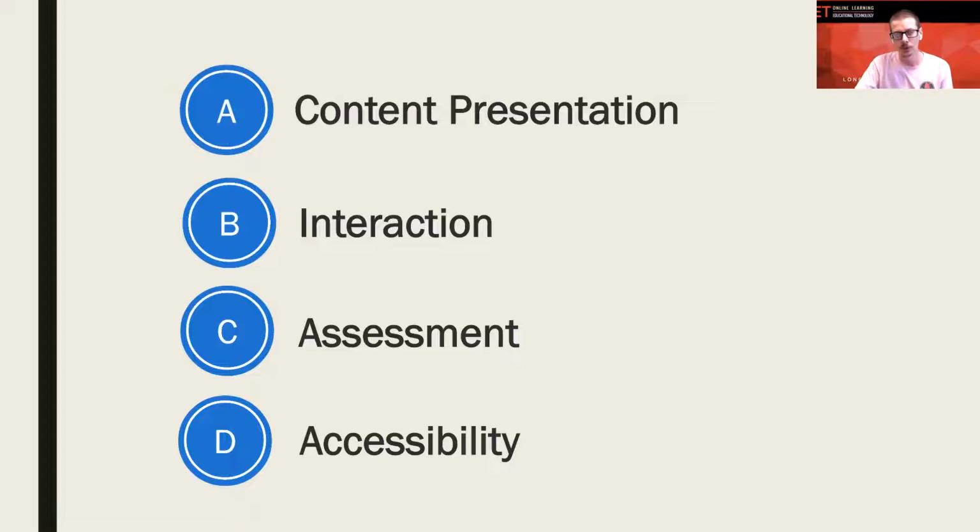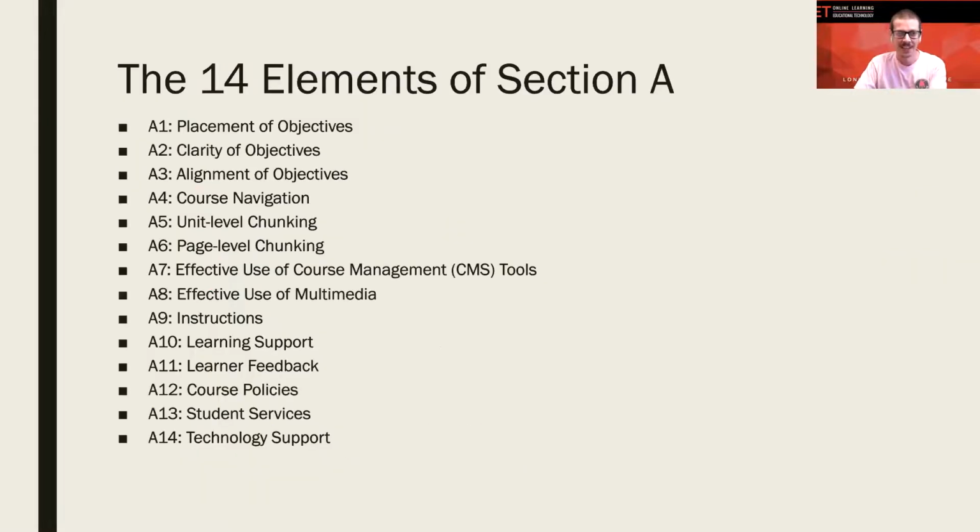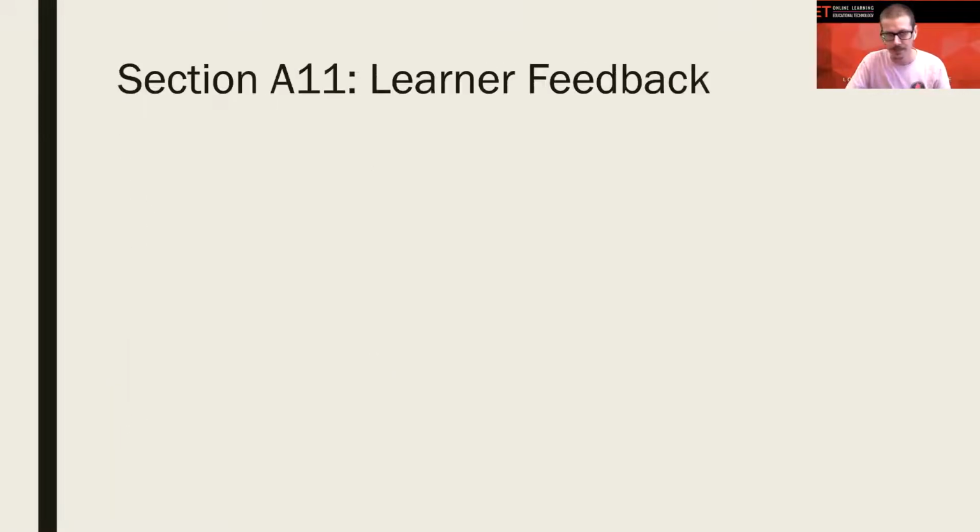Across all 4 of these, there are 44 criteria. We're not going to look at 44 things today. In fact, we're only focused on Section A, and even there are 14 elements of Section A, but of them, A11, learner feedback, is what pertains to this workshop and discussion. So that's where our focus is. I always like to lay that foundation of where this is coming from.